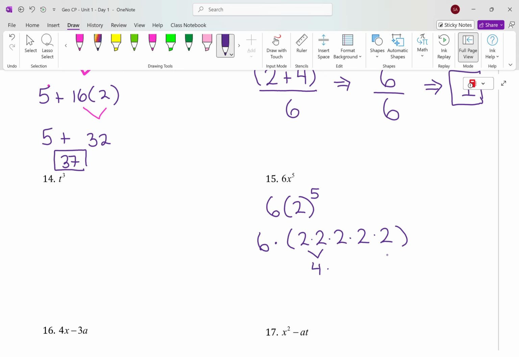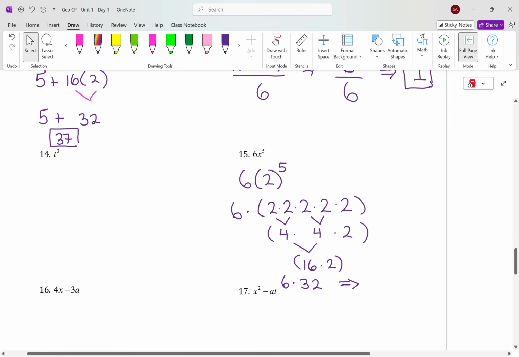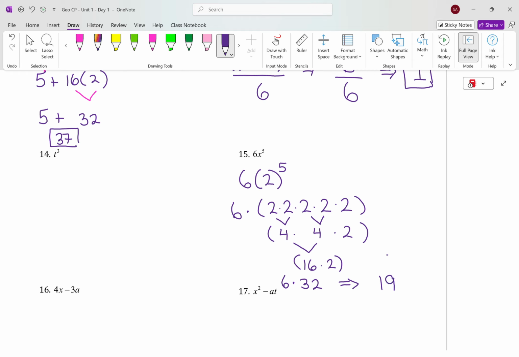So here I'm going to multiply: 2 times 2 is 4, 2 times 2 is 4 again, and then 2. Then 4 times 4 is 16, and 16 times 2 is 32. So now I'm going to have 6 times 32, and we're at 192.